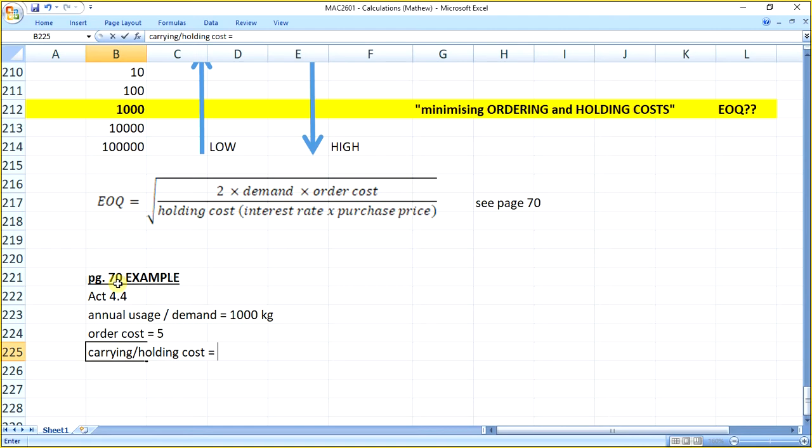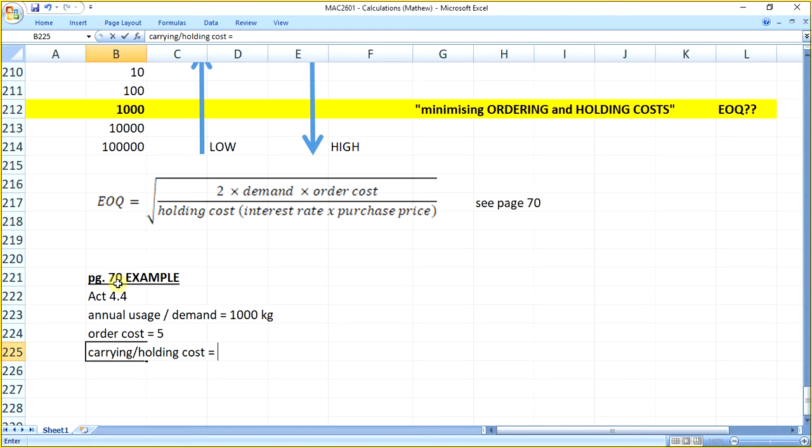But desired return on investment isn't a carrying cost; it's just the return that you require on those goods, which is a bit separate from what we've got currently. You could consider it if you were looking at the actual rate that you would have to incur on this particular asset, but they don't give it to you as a rate; they just give it to you as an amount.